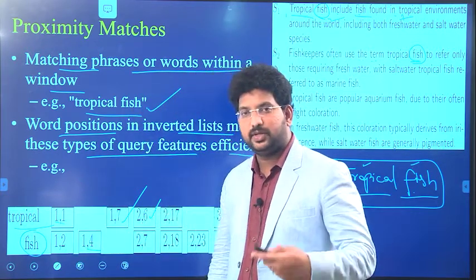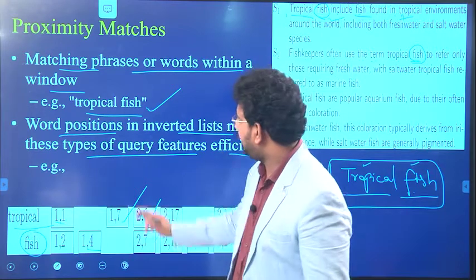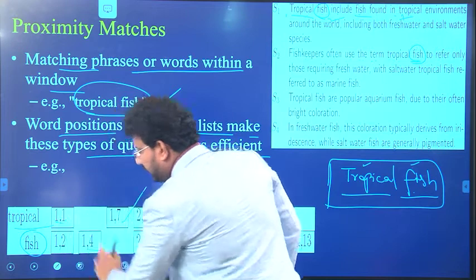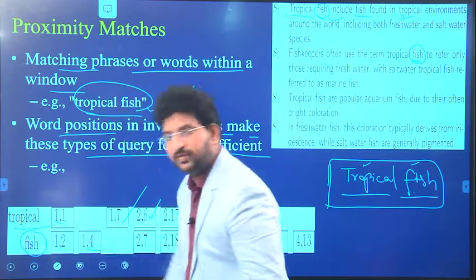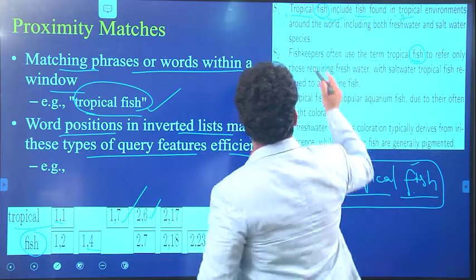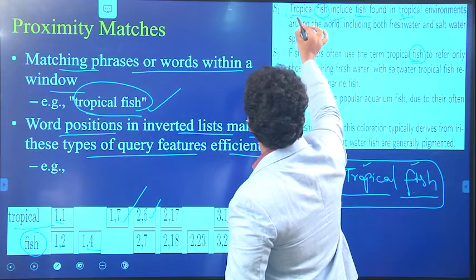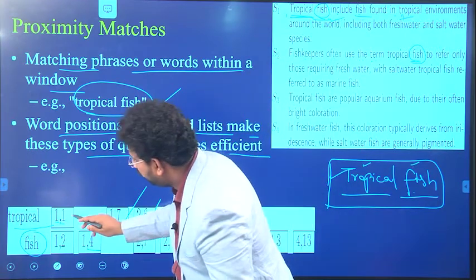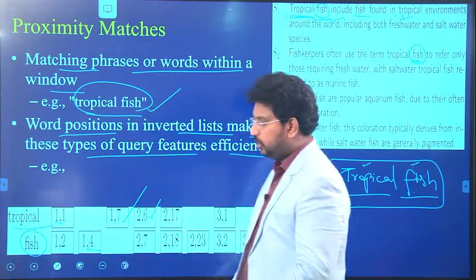When searching the documents, is the phrase tropical fish found or not? Yes, in the first position tropical is there, and in the second position fish is there. You are searching for tropical fish, so the first word is tropical and the second word is fish.